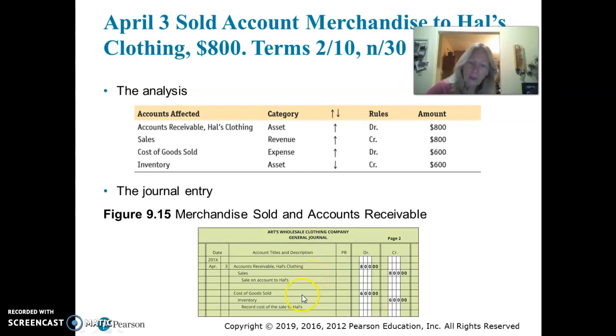Then we go back to our inventory and adjust for the cost of goods sold and our merchandise inventory, which is decreasing. Cost of goods sold kind of acts like an expense, but remember, you need that in order to calculate your net profit.